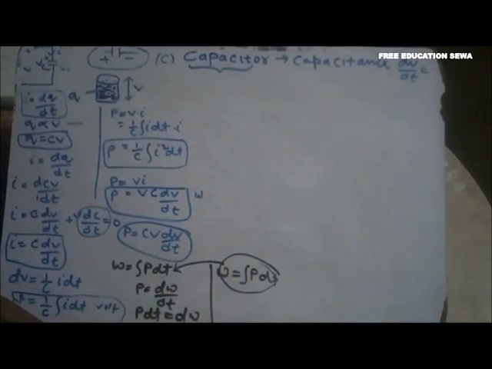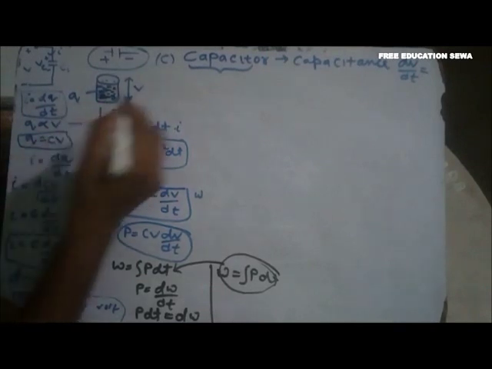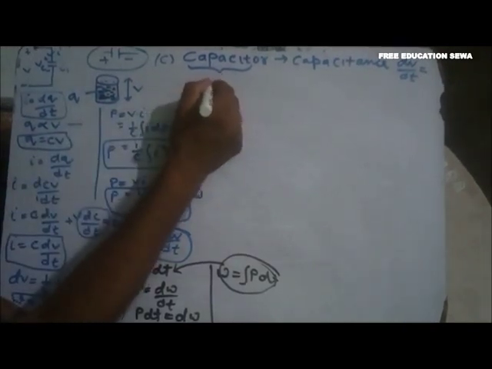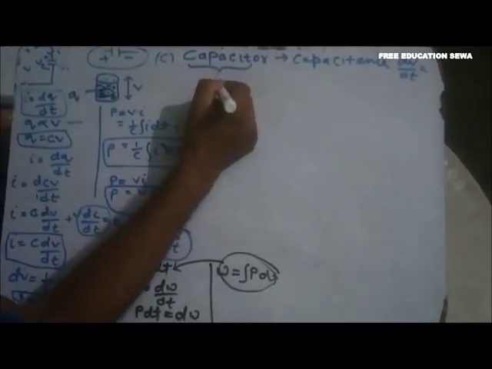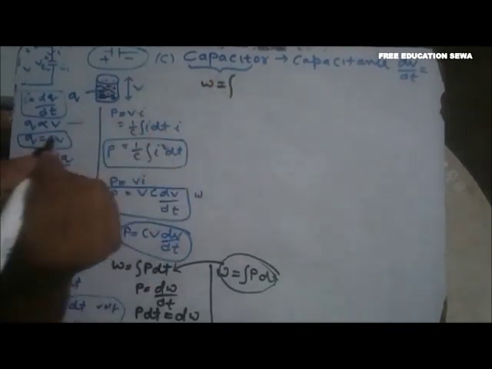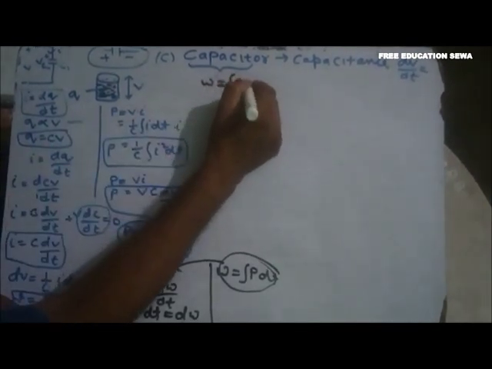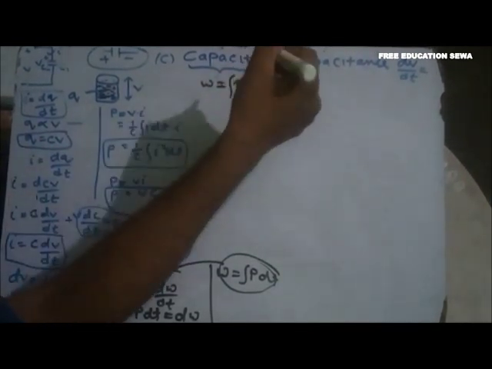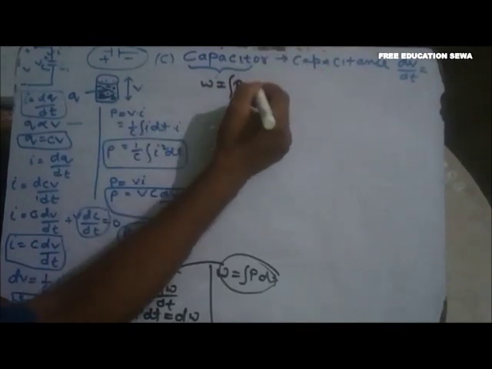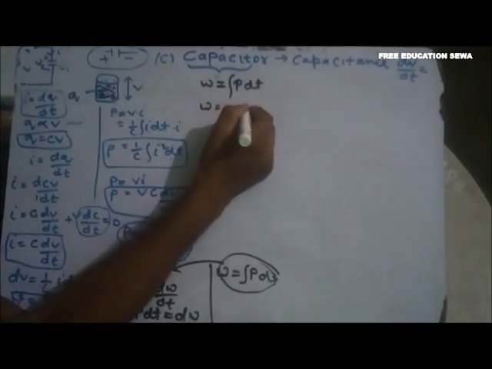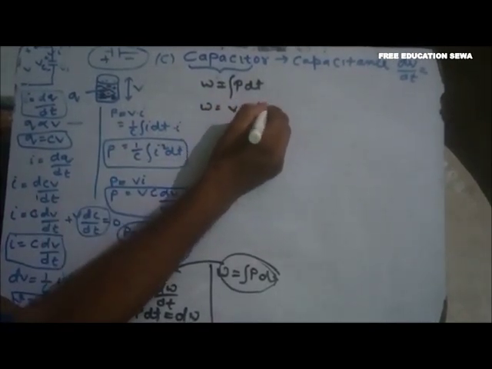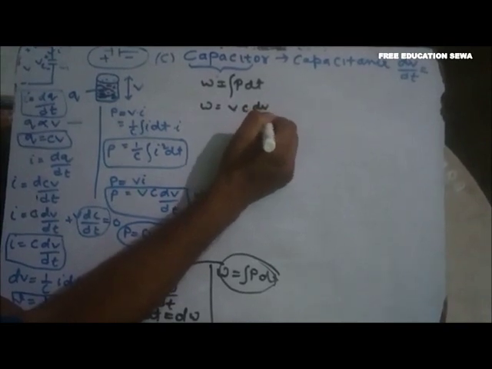Now see, if we substitute W equals integration of P dt, power is VC dV by dt.